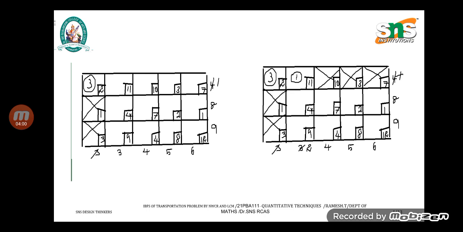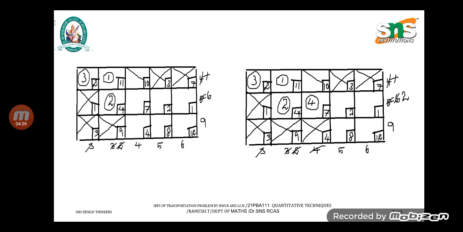Then again we apply the North West Corner. We choose the cell 2,3 and its corresponding supply is 6. Demand is 4. So from that 6 we fill all the demand with unit cost 7, and then we get 2 supplies available and there is no demand.